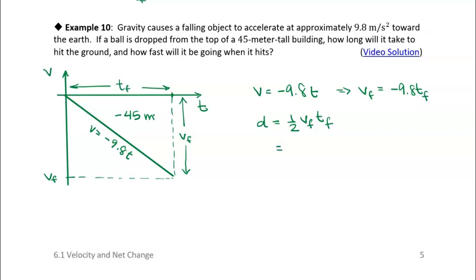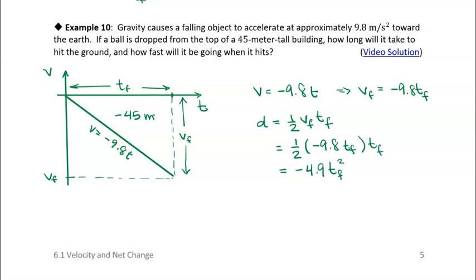And now let's replace the v final, so that we have it just in terms of one variable: 1/2 times minus 9.8 t final times t final. So when we multiply that, half of 9.8 is a negative 4.9, and then we have t final squared, right?